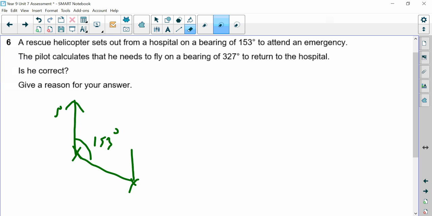Is he correct? Well, for that, we're going to need to work out our back bearings. So we need to work out the bearing that's going to take us back from our emergency back to the hospital. That's this bearing here. First of all, I can work out this angle in the middle. This is the back bearing. So here, if you look closely, you've got two parallel lines.